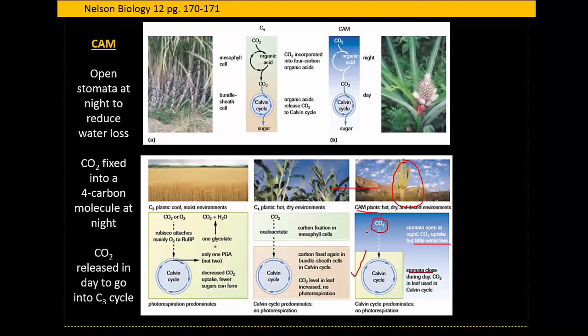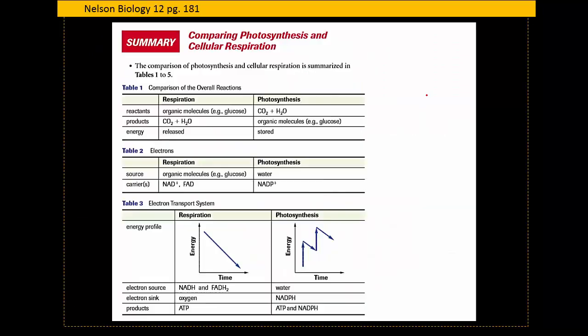Close your stomates, you already got your CO2, make some ATP and NADPH, and now you can use that CO2 in the Calvin cycle. So that's the modification for these CAM desert plants. Get your CO2 at night, close your stomates in the day, and then fix your CO2 during the day in the Calvin cycle. All right, let's move on.